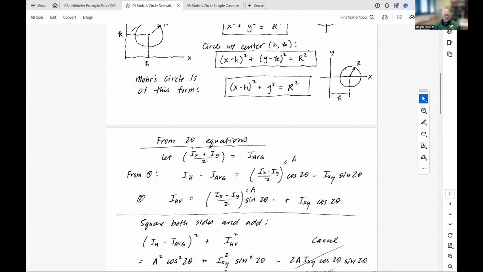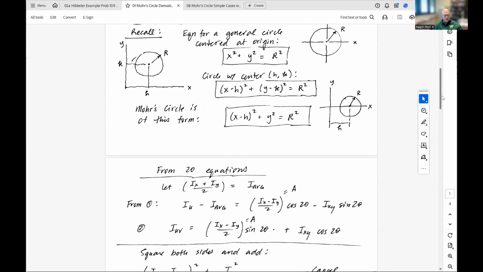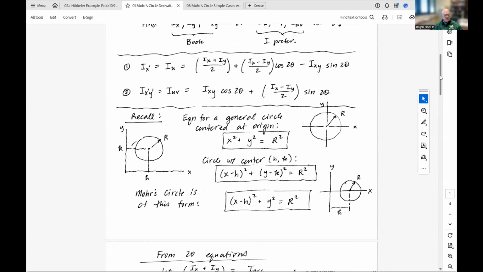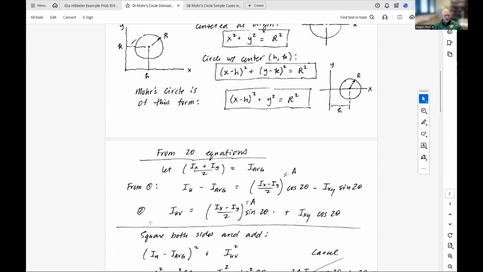So I have IU minus I average equal to this term, which I'll call capital A, cosine 2 theta minus Ixy sine of 2 theta. That's a slight modification of the first equation. The second equation for IUV, the product of inertia at the rotated coordinates, is equal to capital A sine 2 theta plus Ixy cosine 2 theta.